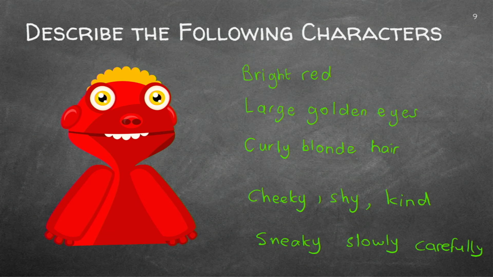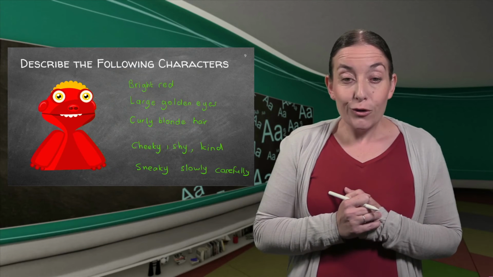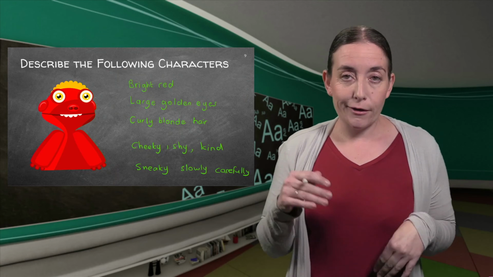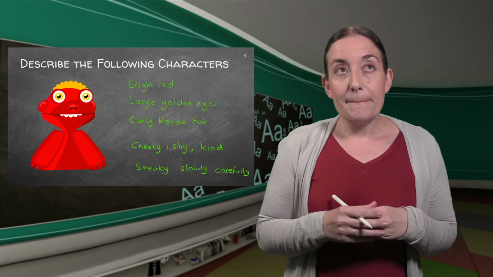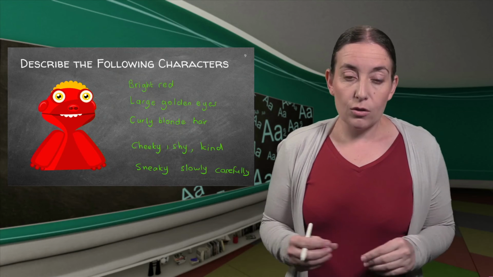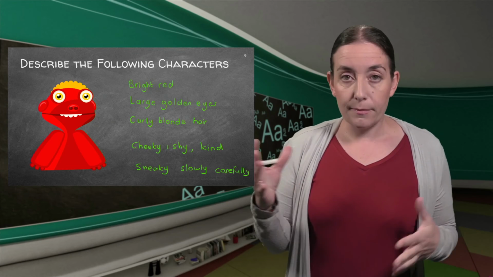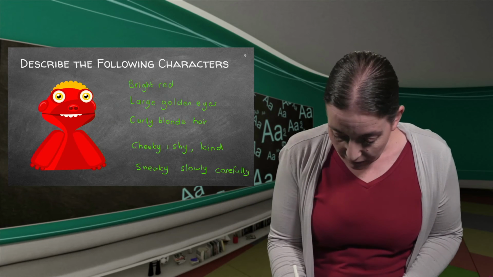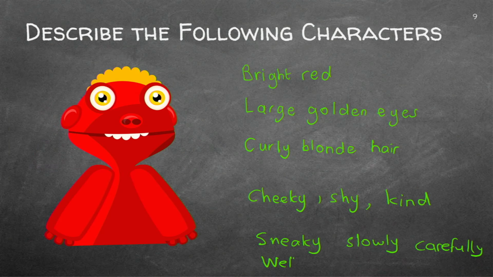And then his relationship with others, we could say that he's well liked by the other characters because he's very charming and very kind and cute, but some characters do get annoyed with him because he's always teasing them and messing around and being cheeky. So you can just say well liked and so on.